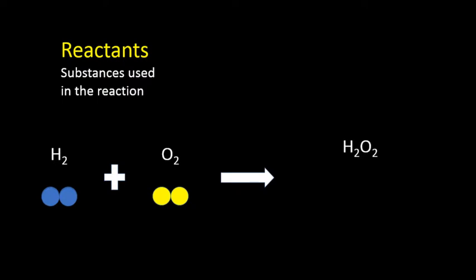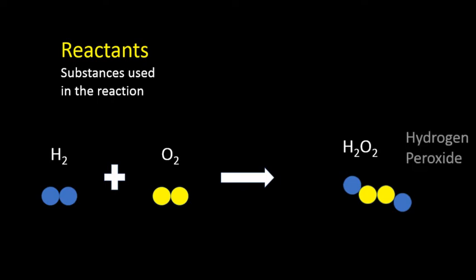And then the result is going to be H2O2, which is something called hydrogen peroxide. Now, in a chemical reaction, the bonds break in the hydrogen and the oxygen, and they move across the reaction and form an entirely different molecule. In this case, H2O2, also known as hydrogen peroxide.